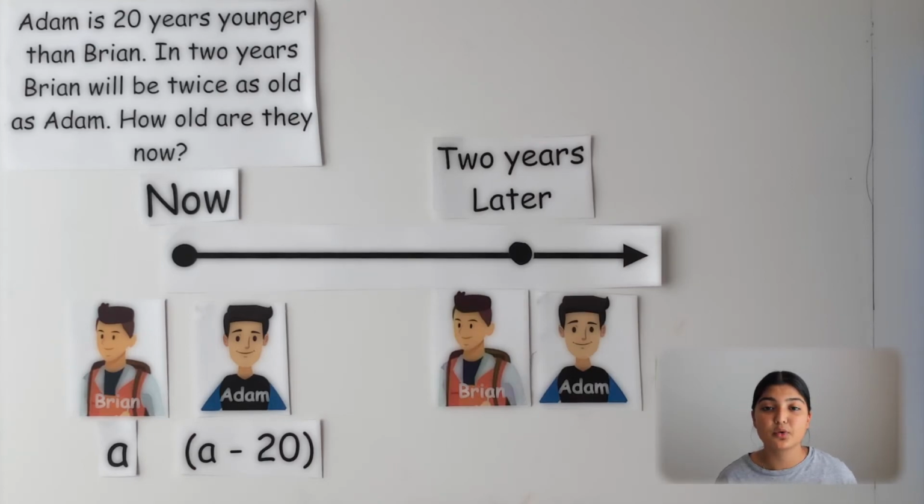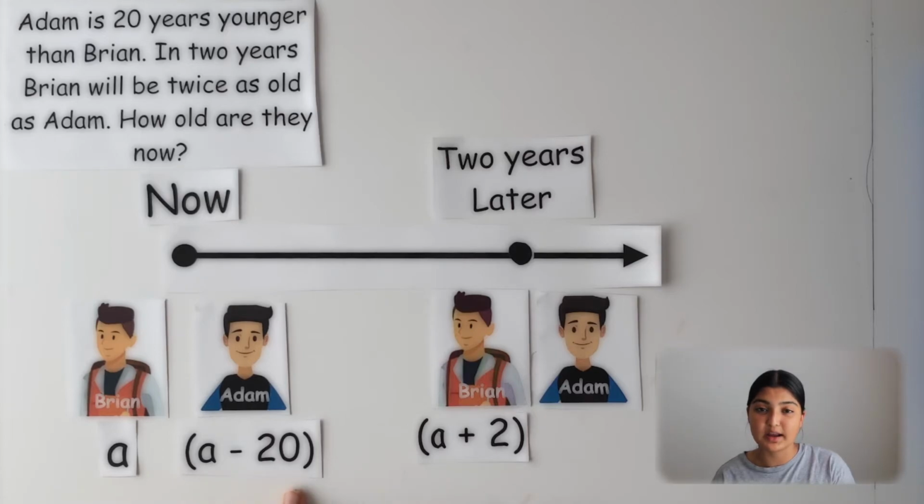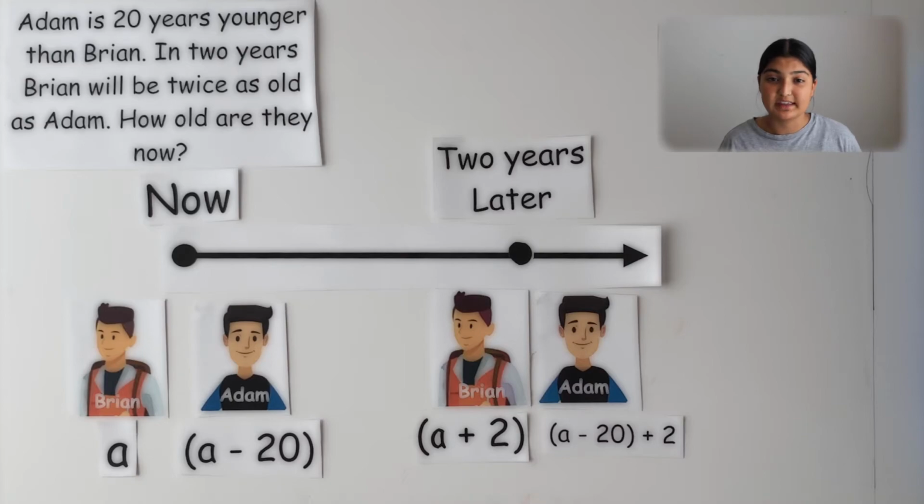How old will Brian and Adam be in 2 years? All we have to do is add 2 to each of their ages. So, Brian will be A plus 2 years old, and Adam will be A minus 20 plus 2, which we can simplify.